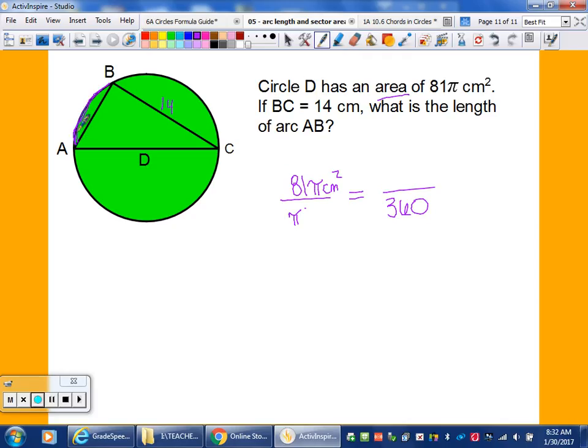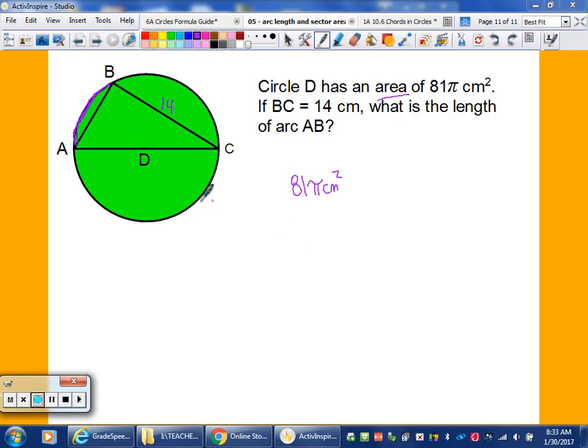You first need to figure out if you really do need the sector area formula or not. So the first thing you have to think is, what do I need in order to do arc length? Well, I need the circumference of the circle, so you need your radius length. And you need the arc measure.